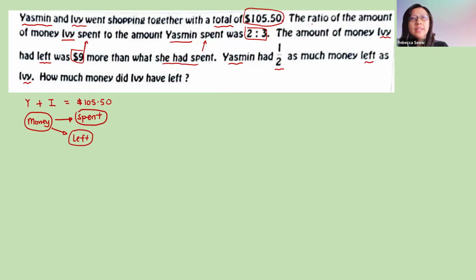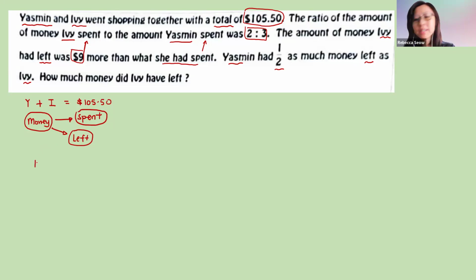Let's zoom into the second sentence of the question, because the first sentence only tells us the total money adds up to $105.50. We do not know anything about the proportion. From the second sentence, we are told that the ratio of the amount of money Ivy spent to Yasmin spent was 2 to 3. Let's draw a model based on this.